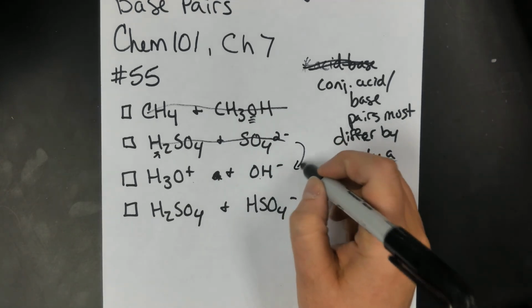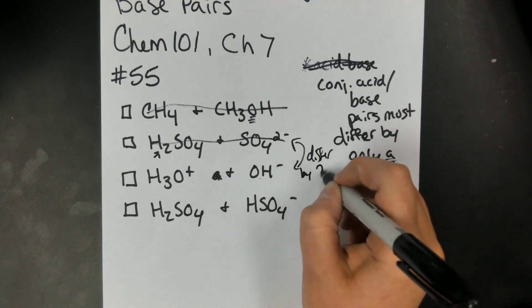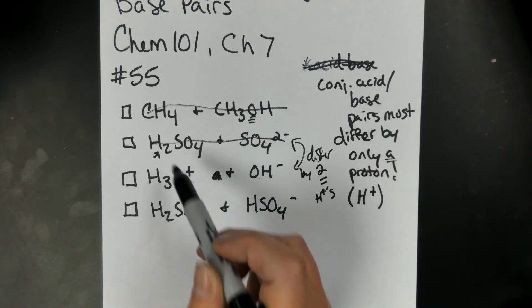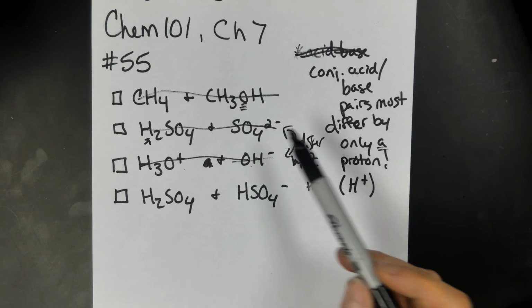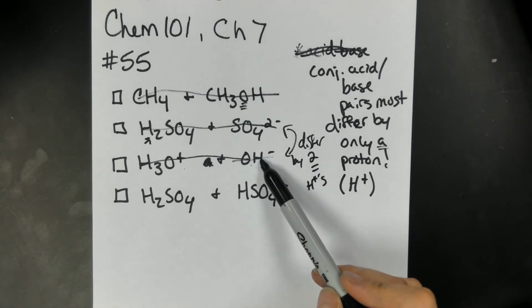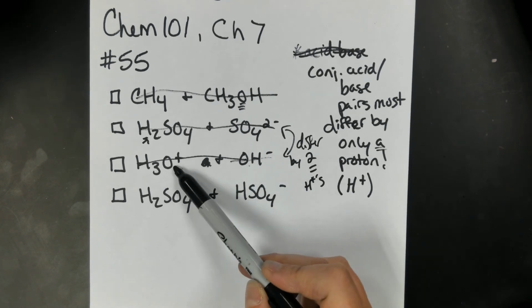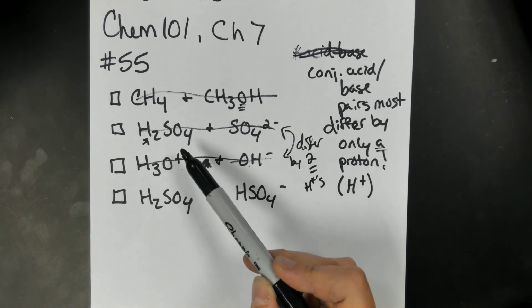So both of these differ by 2 H+, so they can't be it. Sorry, I'm being messy today. If I added 2 H+ to this, I would get this. If I added 2 H+ to this, I would get this. It's not what I need.